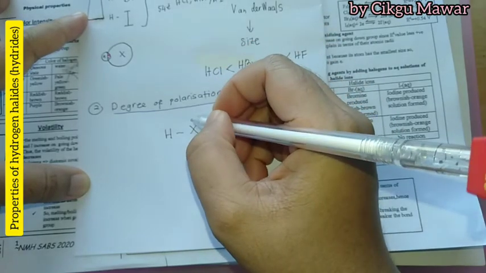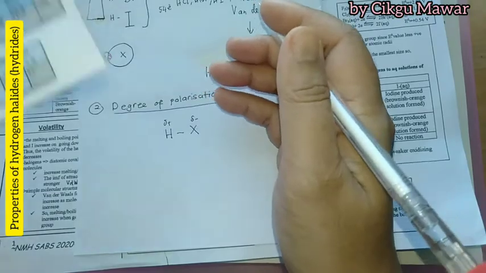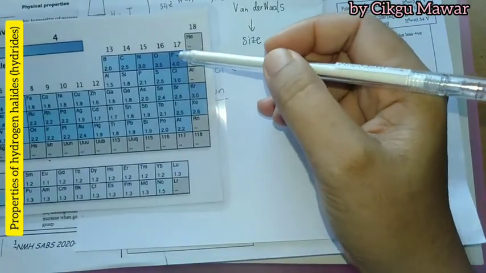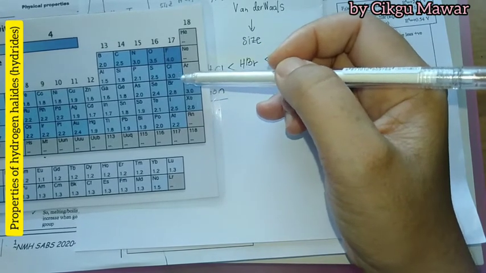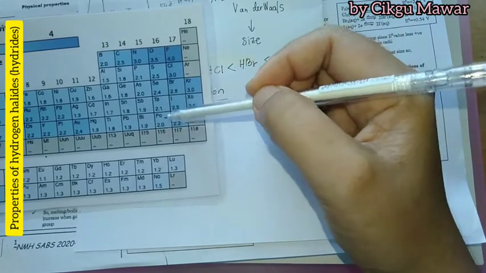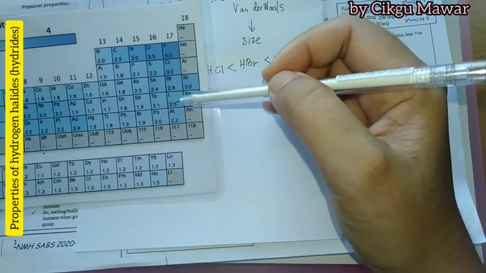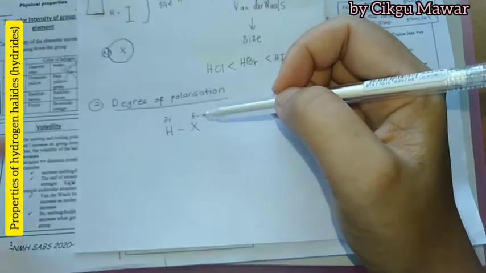Refer to our electronegativity chart here. Fluorine has the highest electronegativity, which is 4.0, followed by chlorine 3.0, and going down group 17 it gets smaller, bromine 2.8, iodine 2.5.